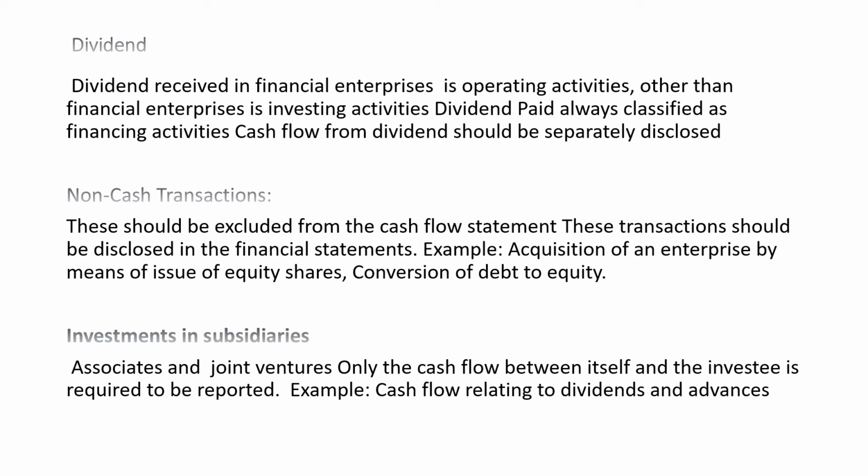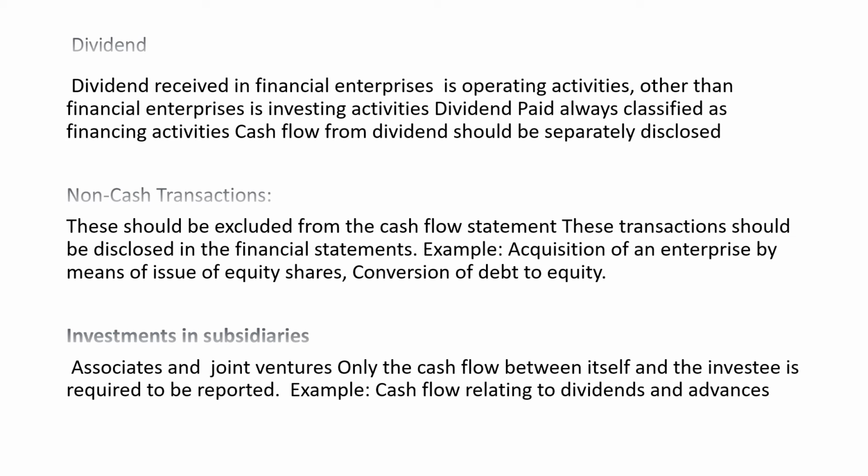Non-cash transaction. These should be excluded from the cash flow statement. These transactions should be disclosed in the financial statement. Example, acquisition of an enterprise by means of issue of equity shares, conversion of debt to equity, etc.